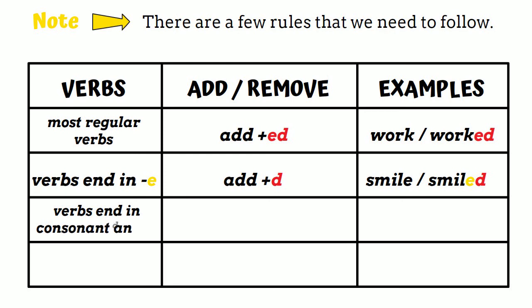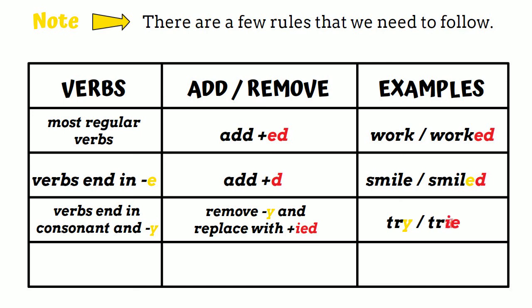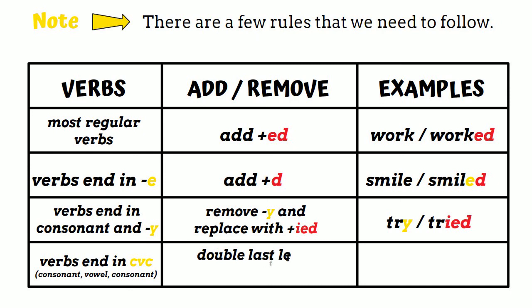Consonant and Y, we will drop the Y and replace it with IED. Try and tried. A consonant, a vowel, and a consonant, we double the last letter and then add ED. Stop and stopped.